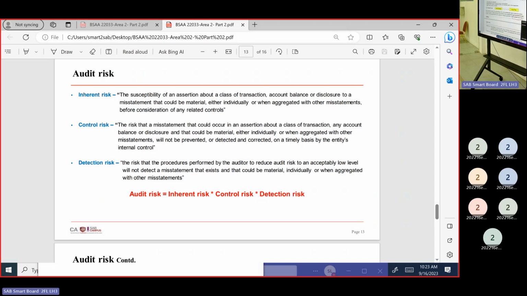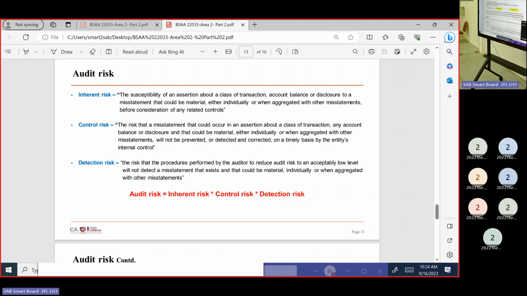Because of these two things, there may be misstatements. Let's say we can say inherent risk is higher or lower.